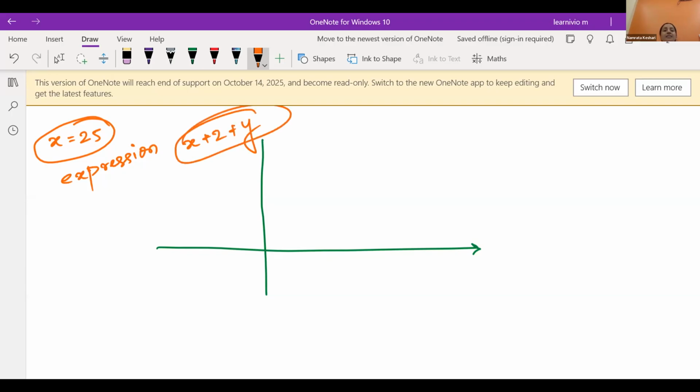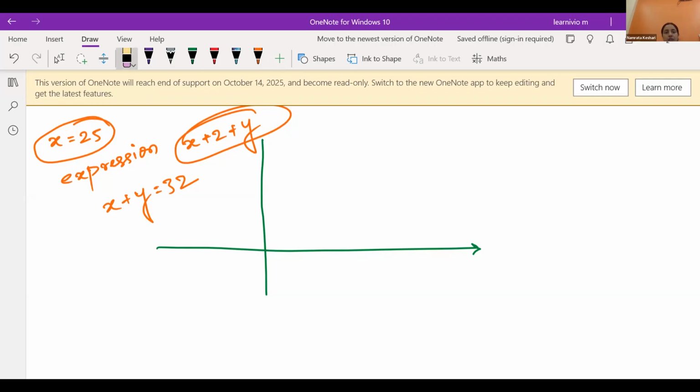This is an algebraic expression. Yes or no? Yes, ma'am. And an equation just means an equality sign will be there. Even x equals 25 is an equation. x plus y equals 32 is an equation. Whatever is on the left side and whatever is on the right side, it's an equation.